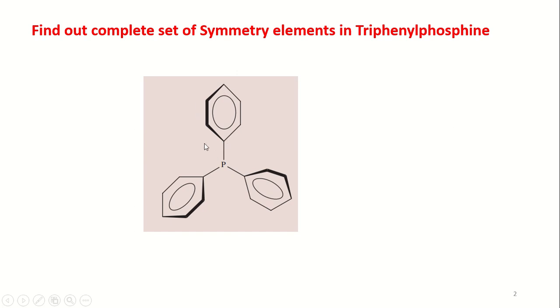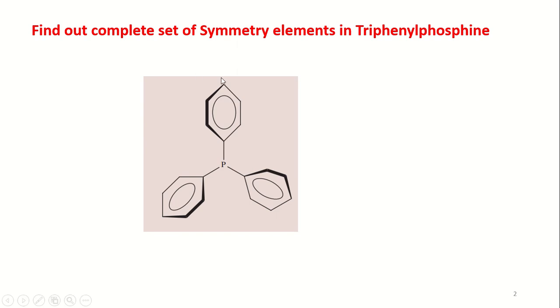If you look at the structure, you can clearly see there are two types of atoms in the benzene ring. The 1, 2 and 3 are towards the observer, while the other three are below the plane, away from the observer.